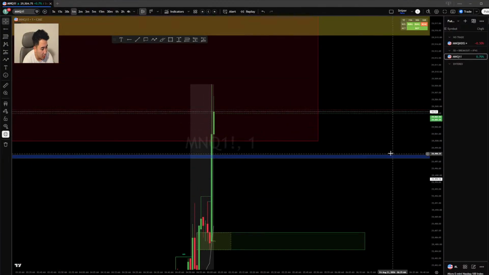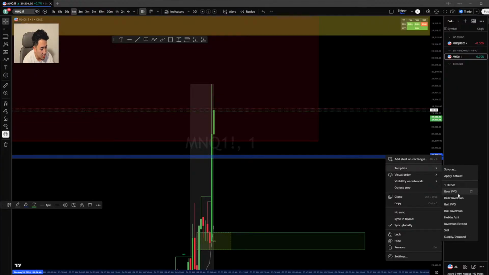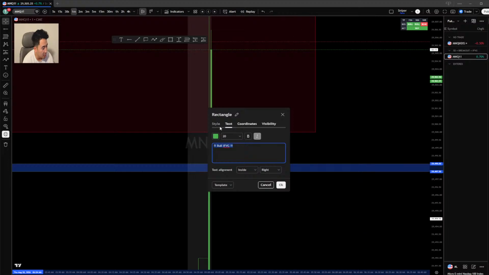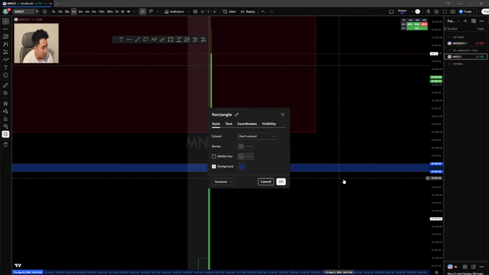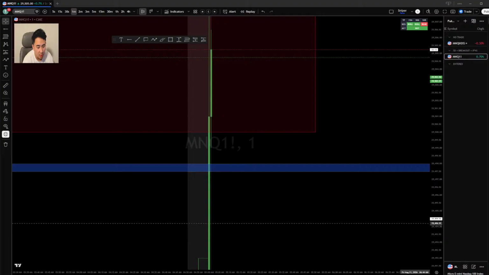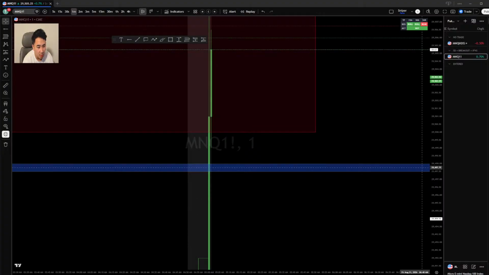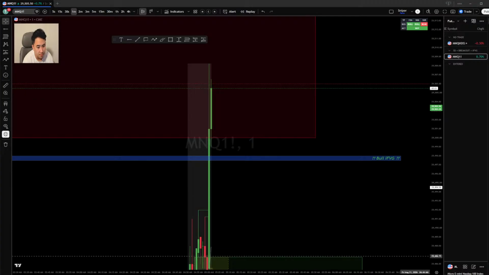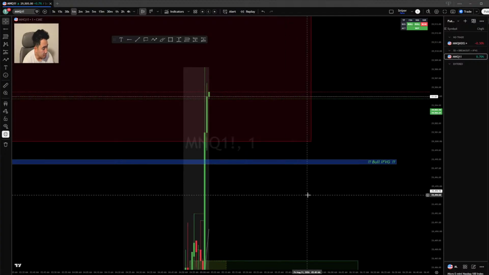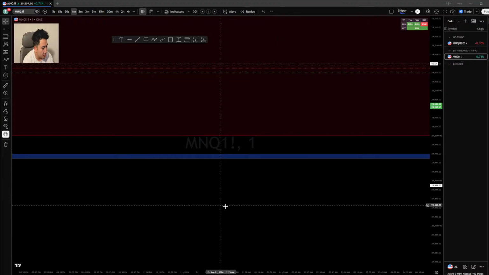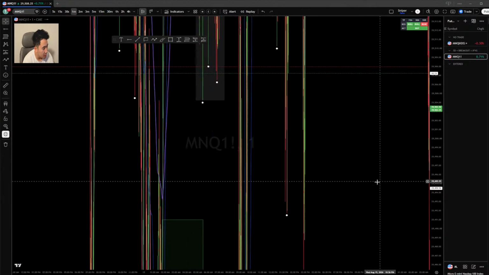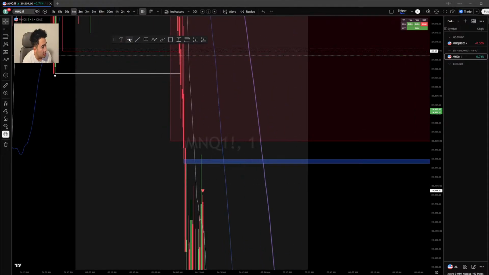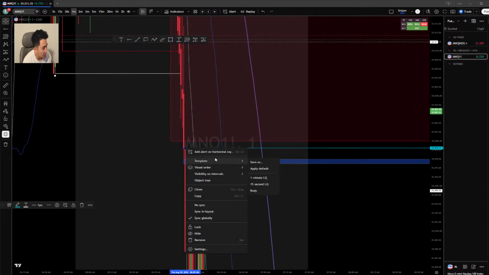Or TradingView. I saved this as bullish inversion. Yeah, but it's extending it all the way over. Can't see it. There we go. Let's go across. Let's see, where's that candle body? Yeah, this is the candle body right here that created that bearish FEG.